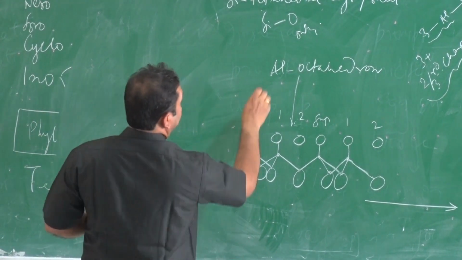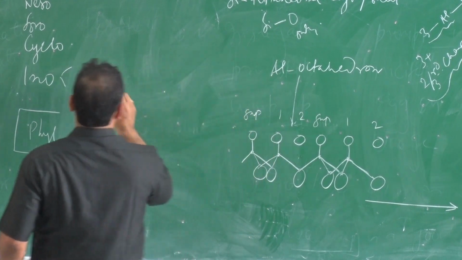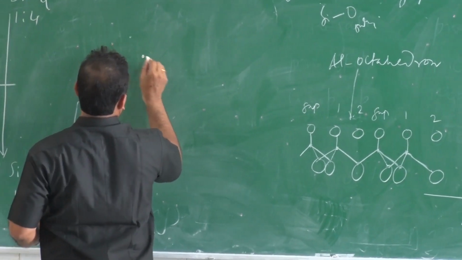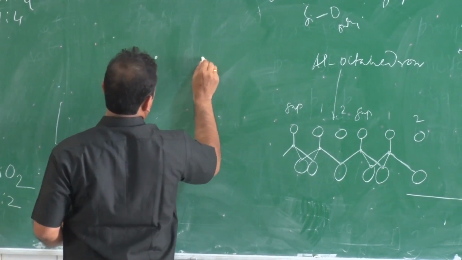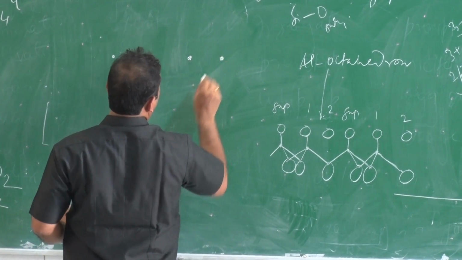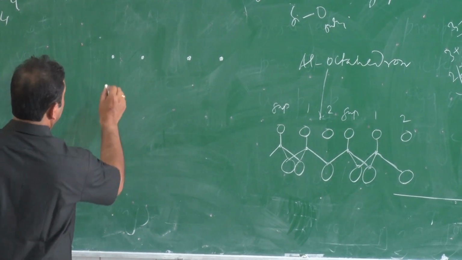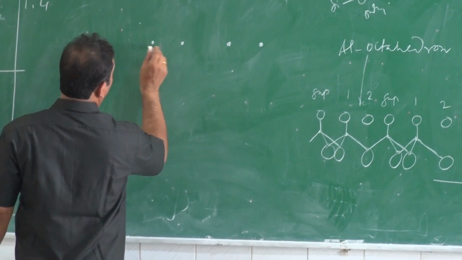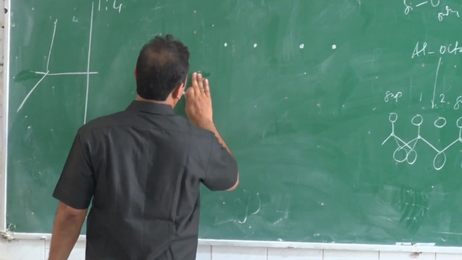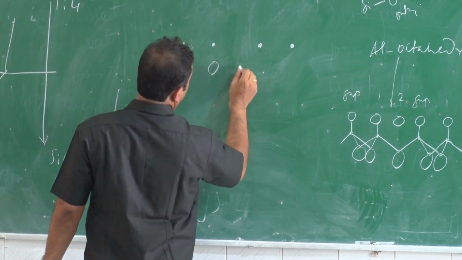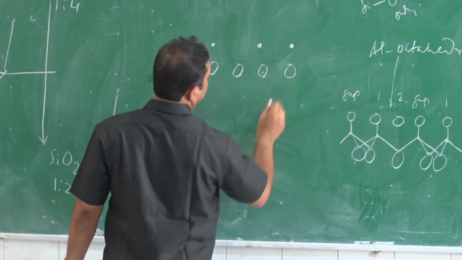So, in case of alumina, say if it is gap 1-2, then gap 1-2. This is one orientation. And once again, 6 molecules. That means, say I said gap 1-2, that means you put one over here, then this, and this.